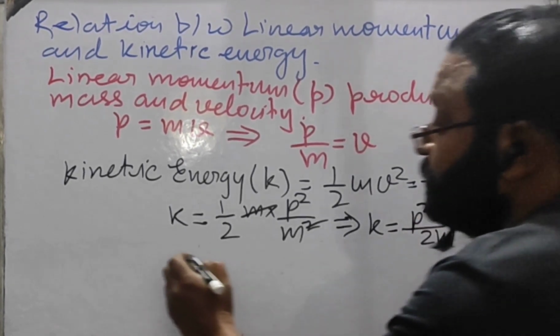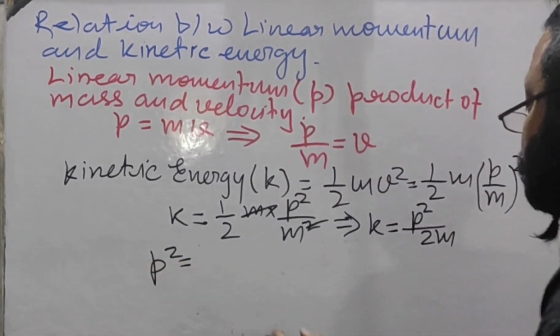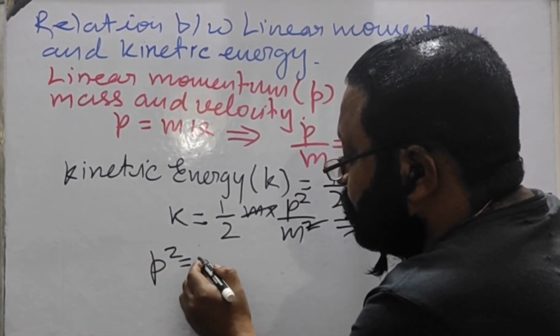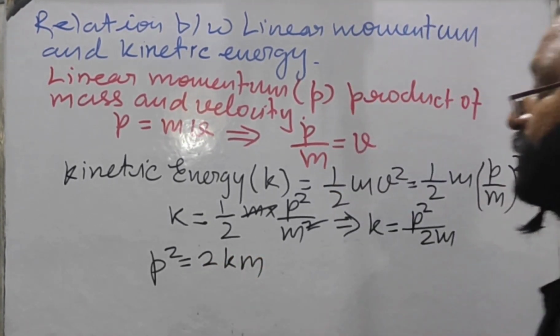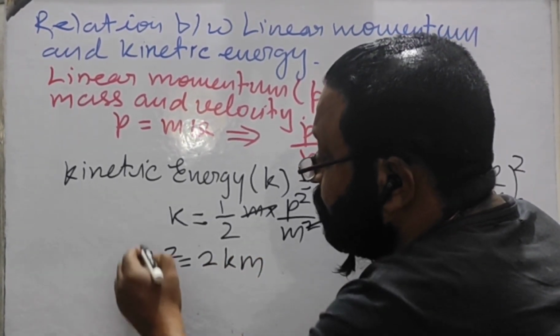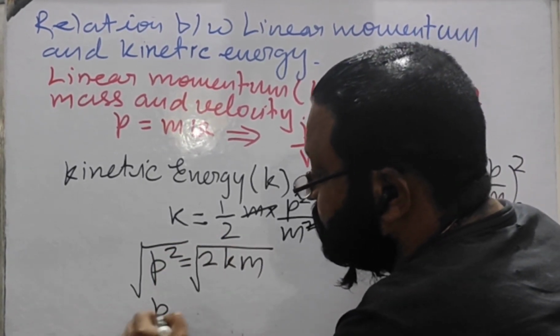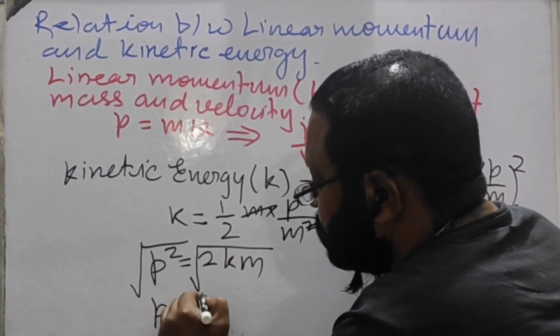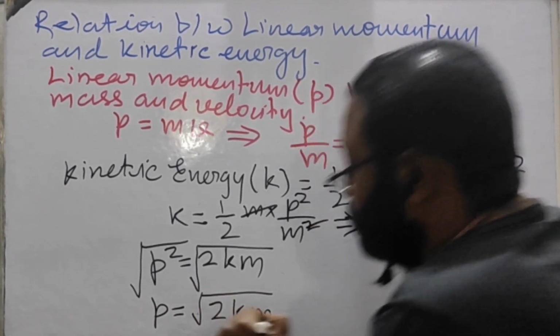You can write P square is equal to 2Km. Now taking square root both sides, we get P is equal to square root of 2Km, right?